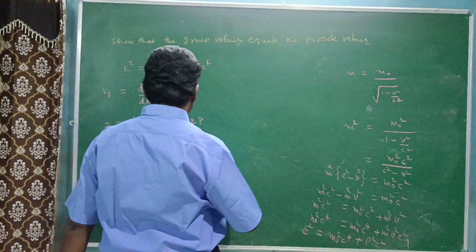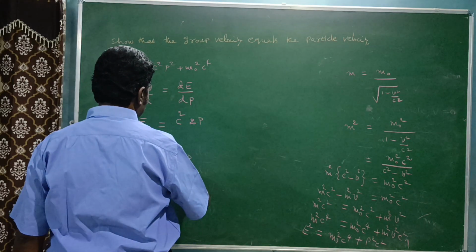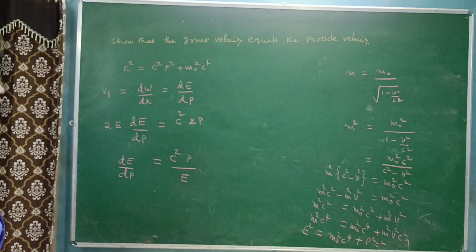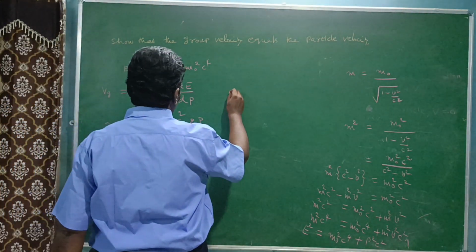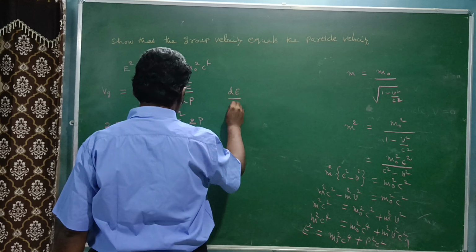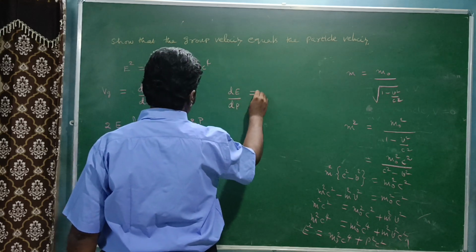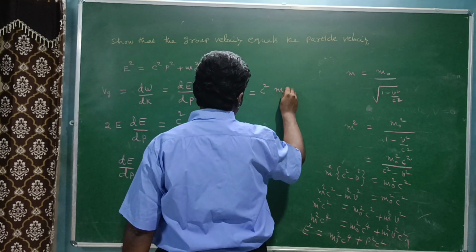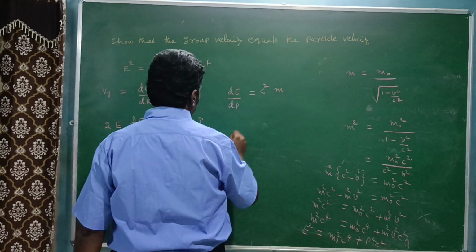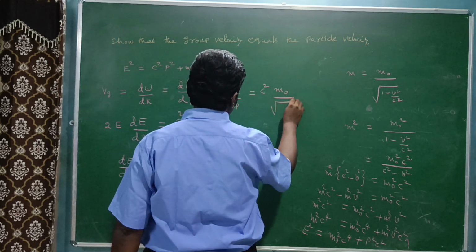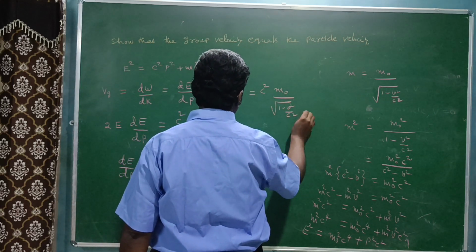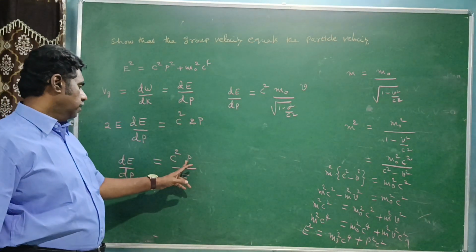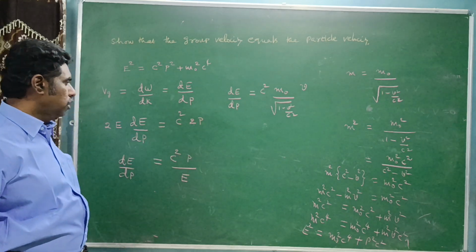Now we have to replace this p in terms of momentum. dE by dp, which is equal to c square into m into v, that is m0 divided by root of 1 minus v square by c square into v. p equal to mv, but m is equal to m0 divided by root of 1 minus v square by c square.